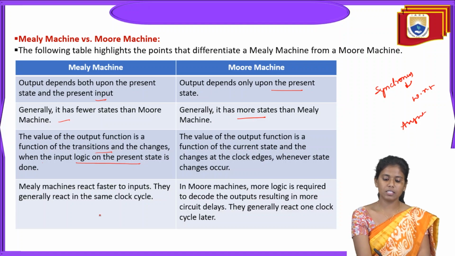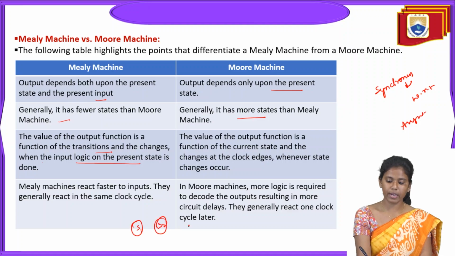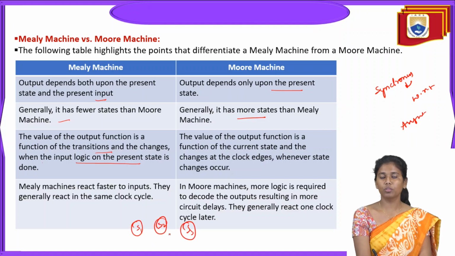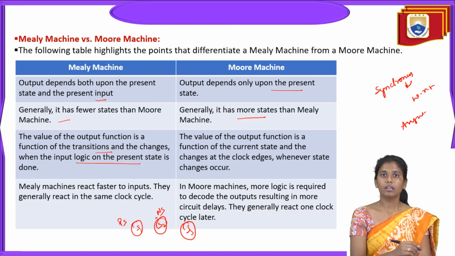In the Mealy and Moore machines, we have different states represented as S1, S2 and S3, and so on. If you consider these states, S1 will be my present state and S2 will be my next state.